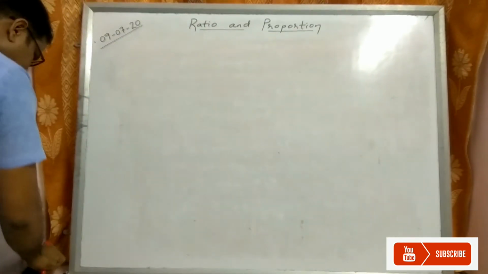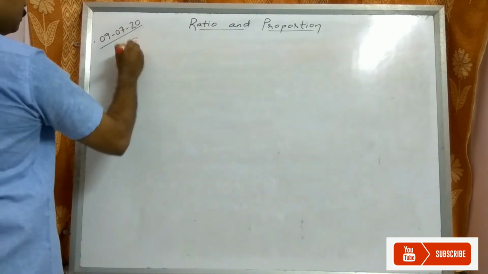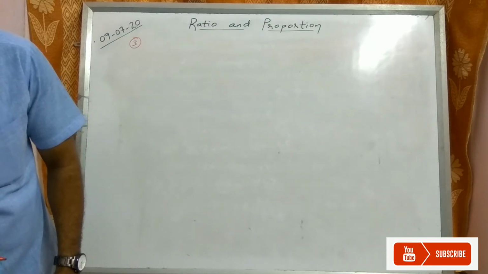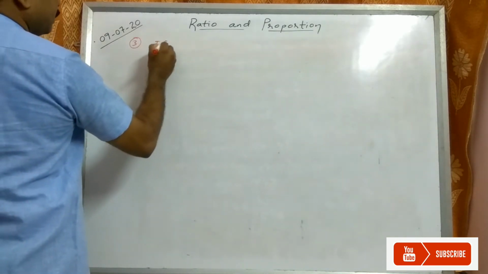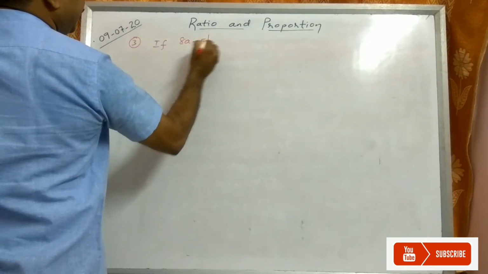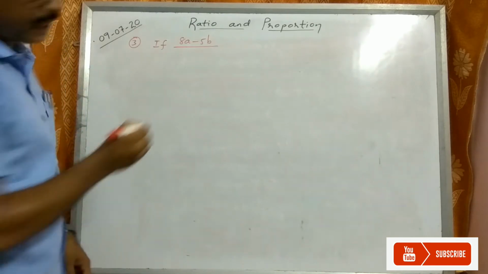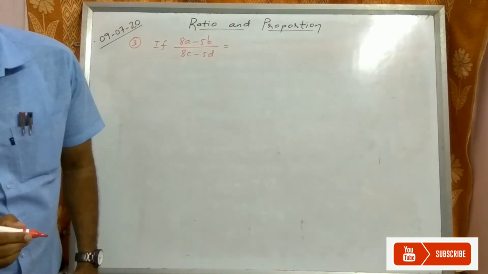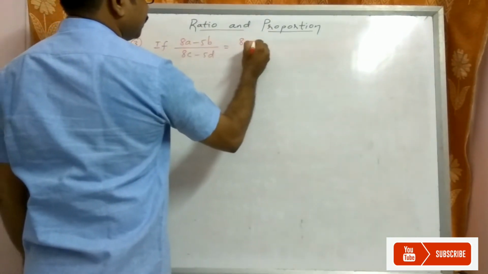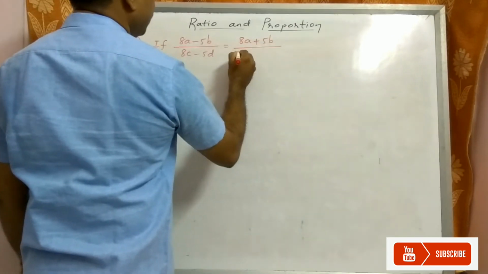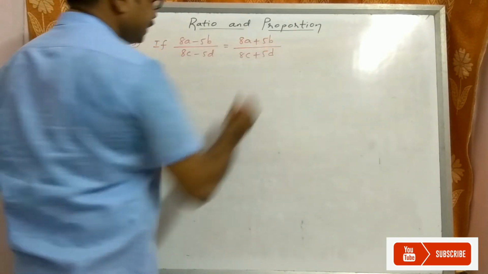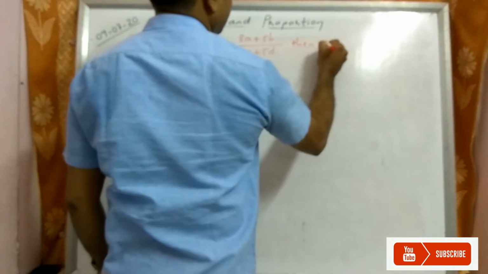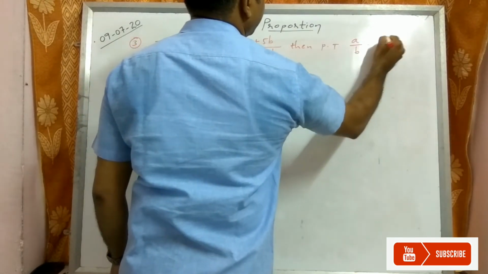Okay? Third question. If 8a minus 5b by 8c minus 5d equal to 8a plus 5b by 8c plus 5d, then prove that a by b equal to c by d.